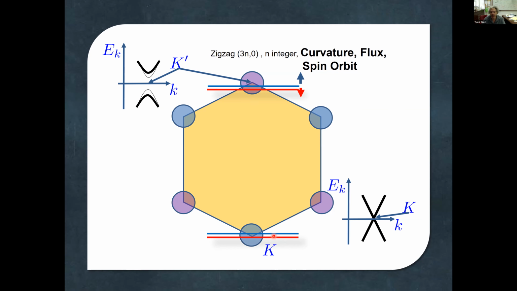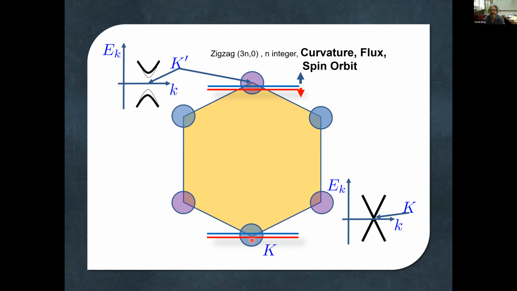If we look down here, you see that the up spin will have a large gap, while the down spin will have zero gap. If we tune the parameter properly, we push it to the Dirac point. So in this way, with only the flux and no Zeeman field, we tune the system to a half metallic situation. We have only spin up in the system.